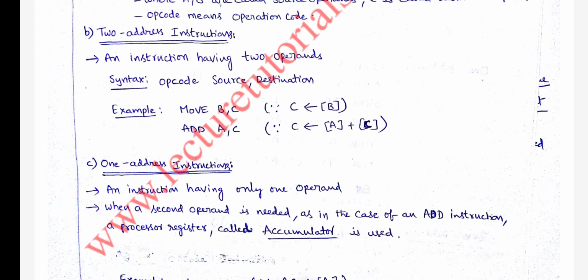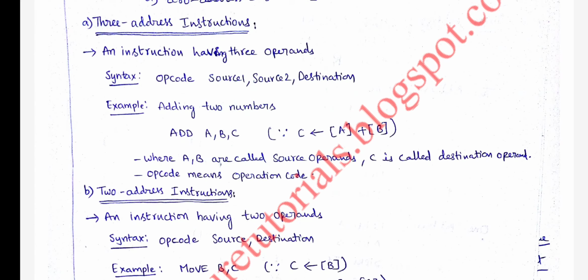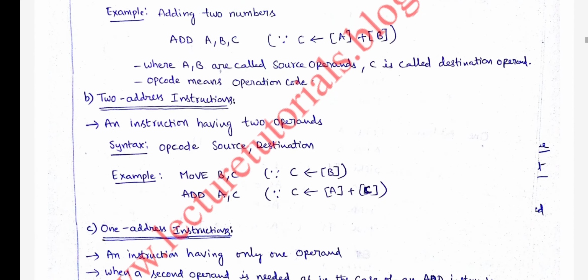That's why we call it a two address instruction format. For all these examples we use the C is equal to A plus B example, right? You have to observe the difference between three address instruction format and two address instruction format.